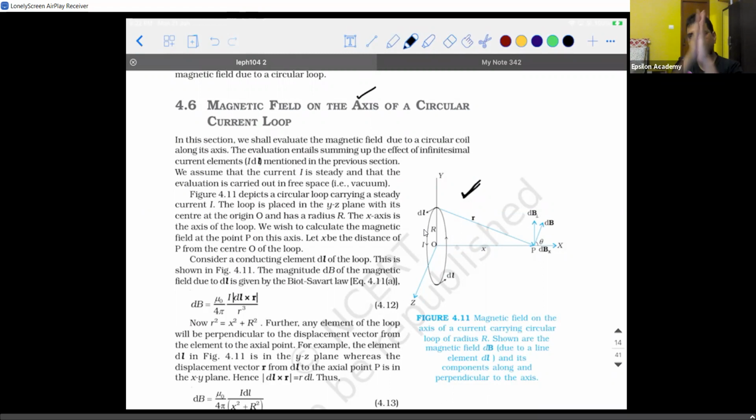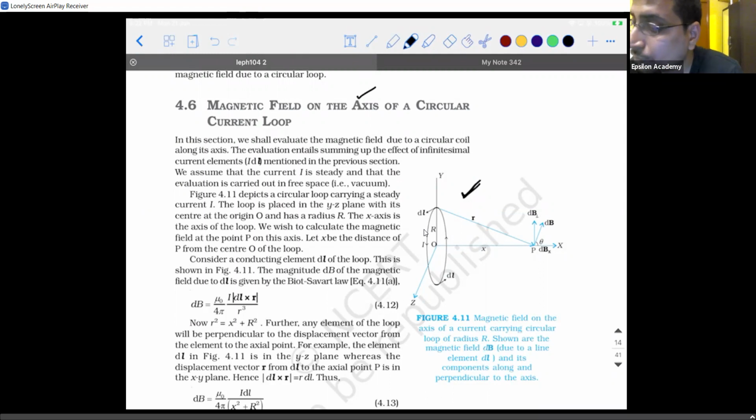Let's say this is a circular conductor. Take your left hand and place it such that the palm is towards your right hand. From the right, you're seeing the circular coil. Then you can see that the current is in the anti-clockwise direction. That's what the diagram is representing.